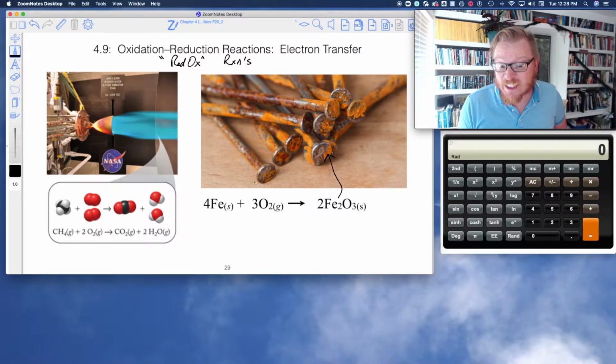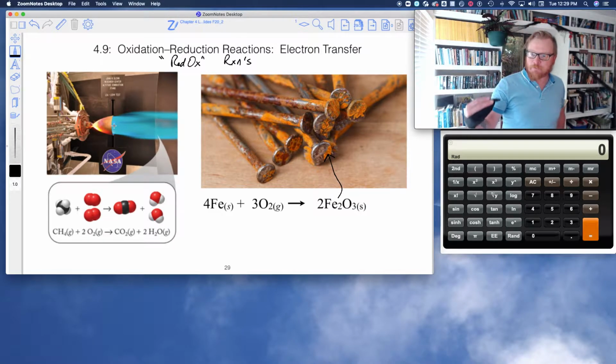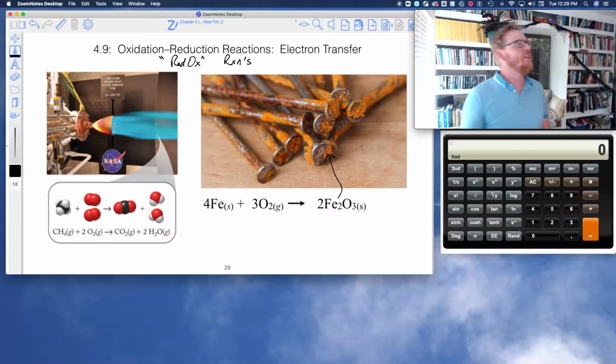So this metal is literally being oxidized to make iron oxide. Okay, so that's a redox reaction. Another reaction that, for beginning chemists like yourselves, typically students don't think of, is a combustion reaction. This is methane plus oxygen to make CO2 and water.